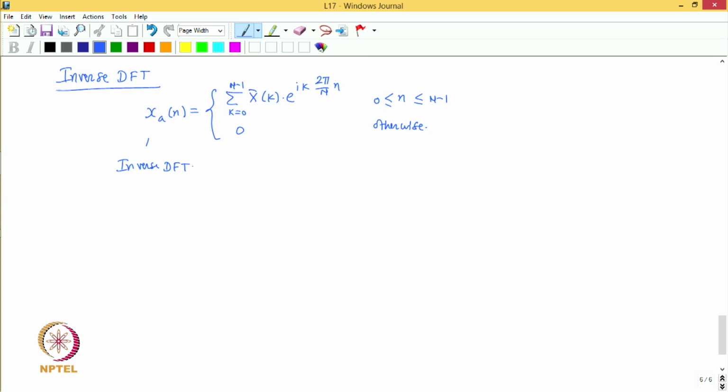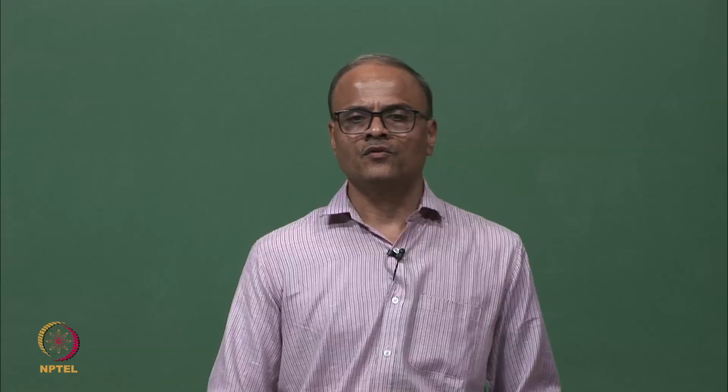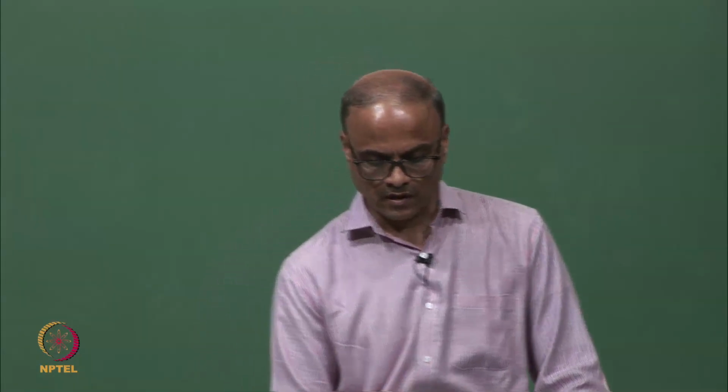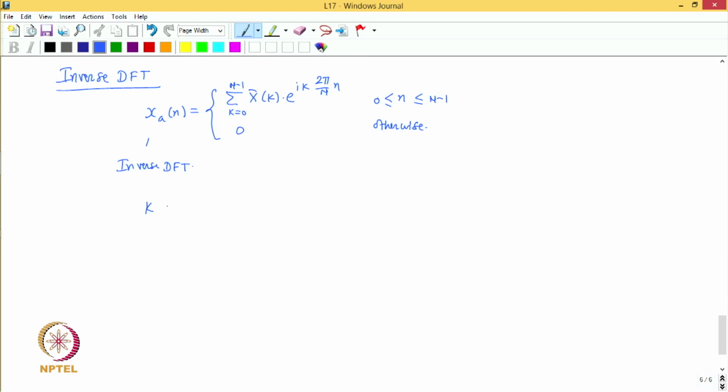Another point should be noted here: the range of k we have defined from 0 to N minus 1, but we can also define the range of k from minus N by 2 up to N by 2 minus 1. So either of these ranges can be used for the index k.